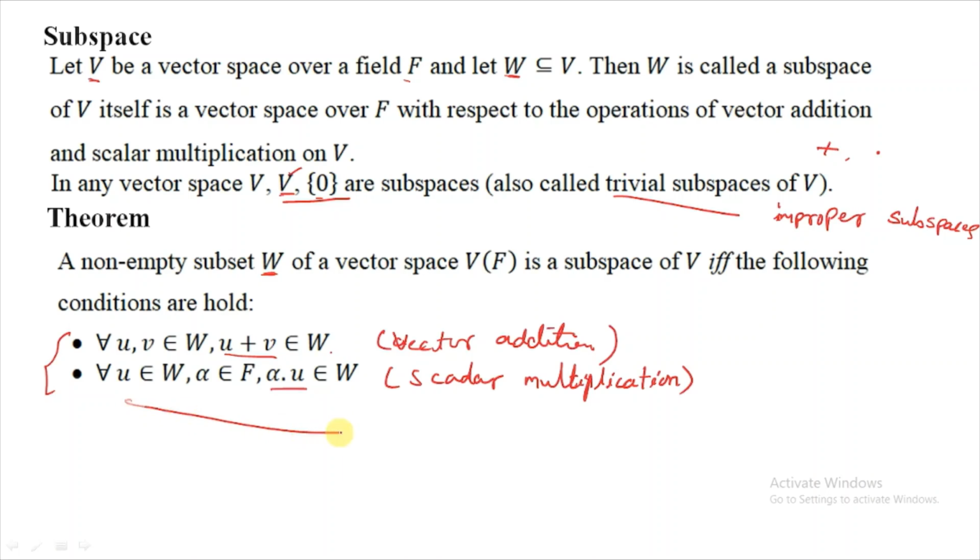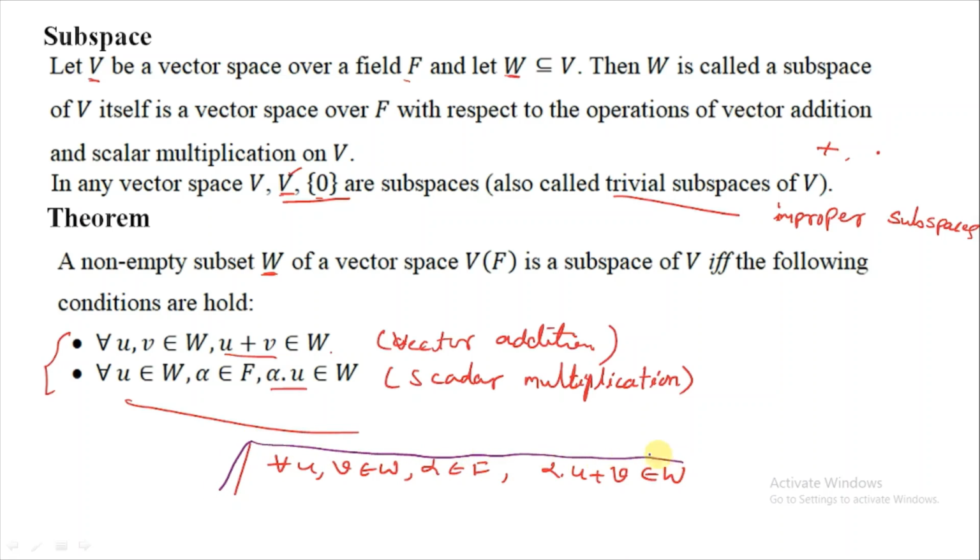Or you can combine the two; it's enough to check one condition. For all u, v belonging to W and alpha belonging to the field, alpha dot u plus v belongs to W. You check this condition; it covers individual vector addition and scalar multiplication.